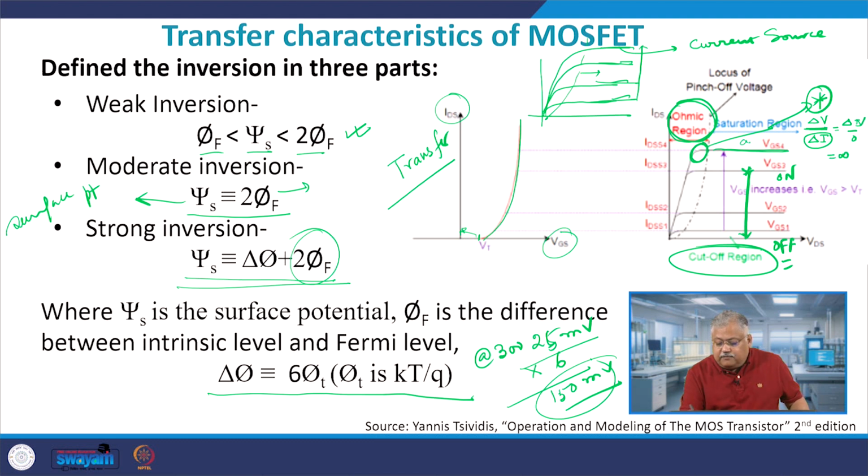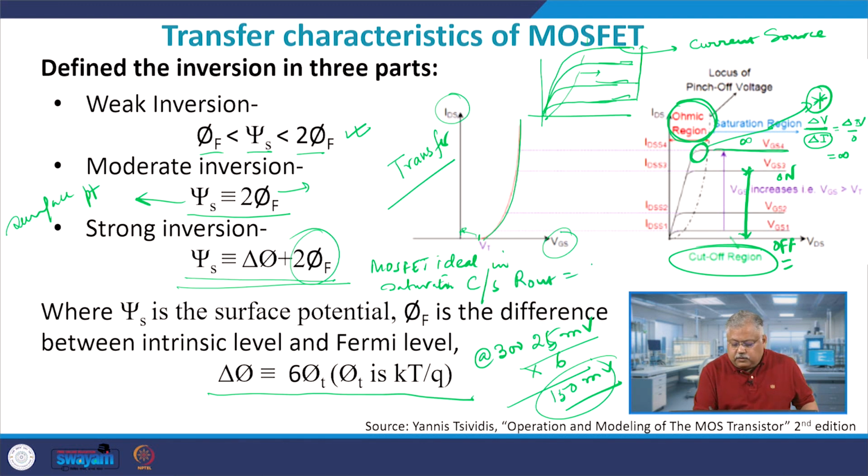So an ideal MOSFET in saturation will behave as a current source with resistance R out equal to infinity, right. Infinitely large resistance will be there for the case of a MOSFET.